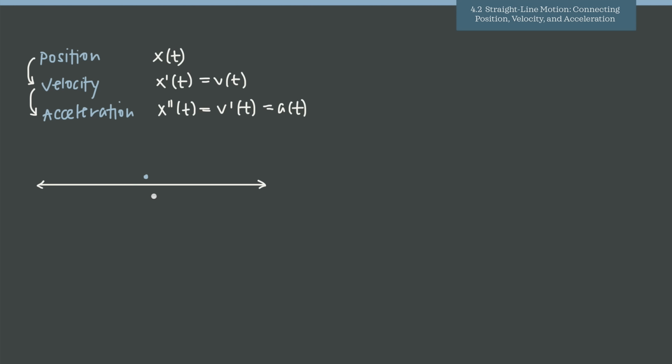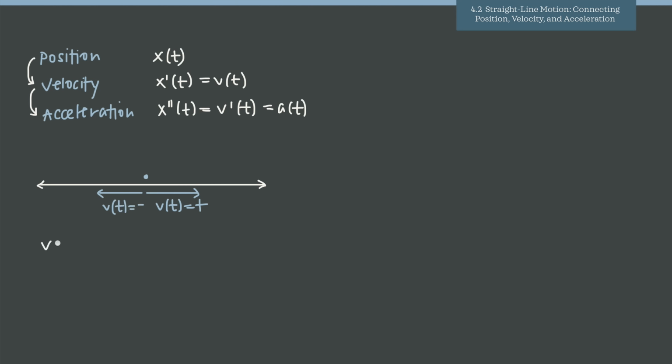So if the particle is moving to the right in this direction, then velocity is going to be a positive value. If the particle has moved to the left, then velocity is going to be a negative value.